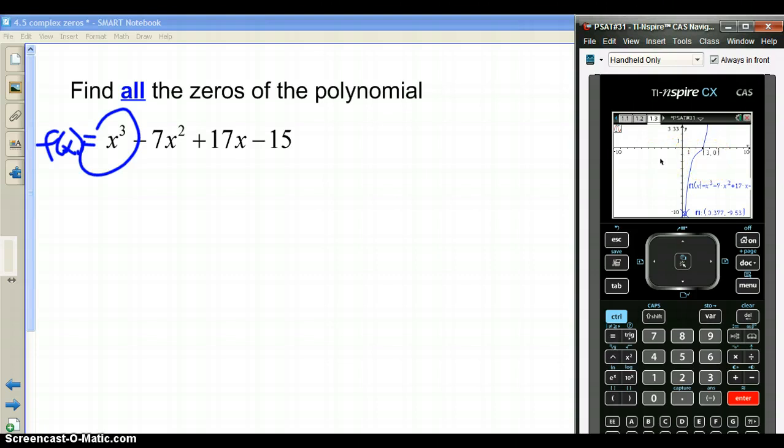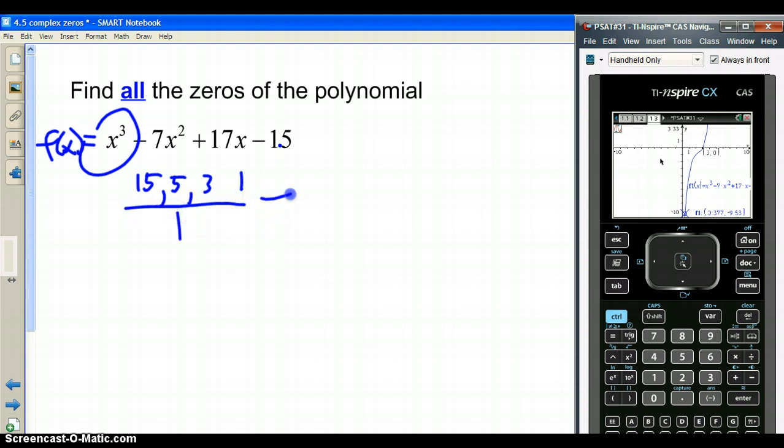So by the way, I could also list out the solutions. Remember what we did the other day, factors of 15 divided by factors of 1. So 15, 5, 3, and 1 all over 1. So my possible rational zeros, 1 is the first coefficient, factors are only factors of 1. So plus or minus 15, plus or minus 5, plus or minus 3, and plus or minus 1.